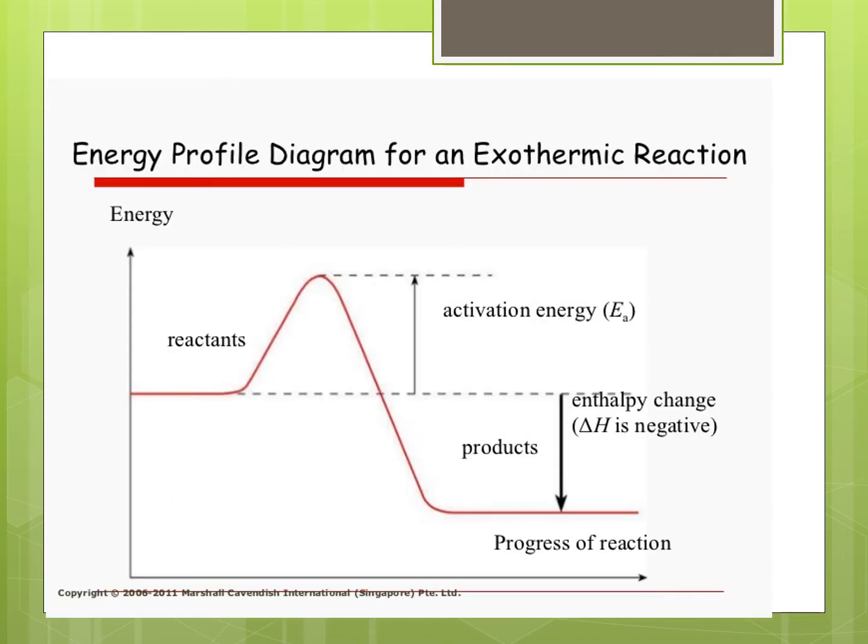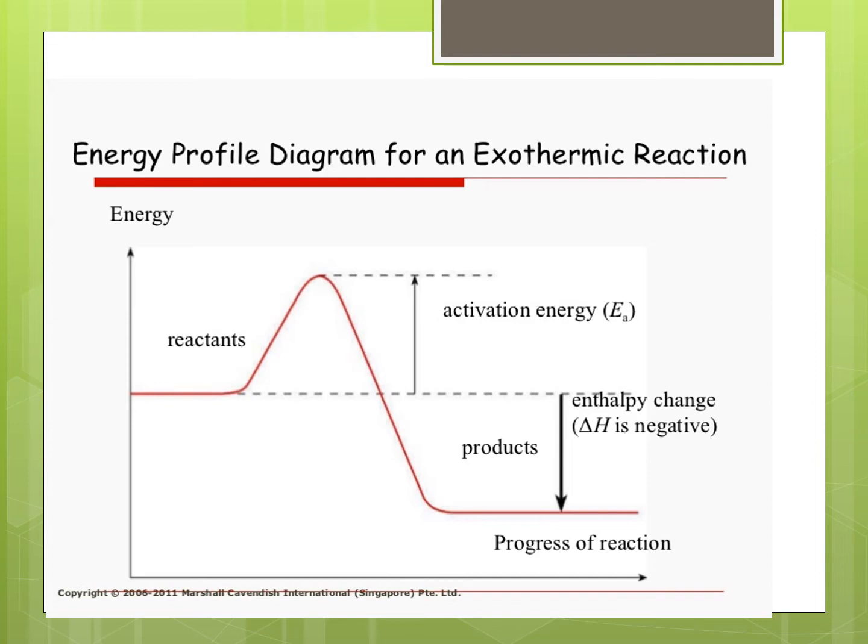So in an exothermic reaction, notice you have reactants at a certain amount of energy. Okay, energy is on the x-axis, and it reaches to a point that absorbs energy to break apart, and that's called the activation energy. Once you reach the peak of that activation energy, then the molecules will reform and you dip down in energy.